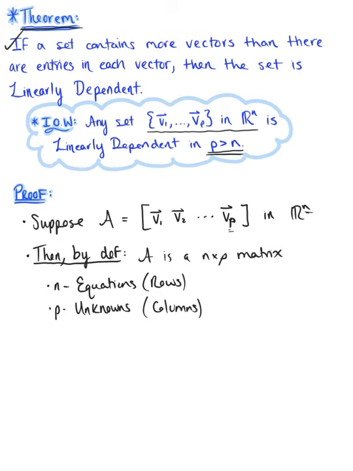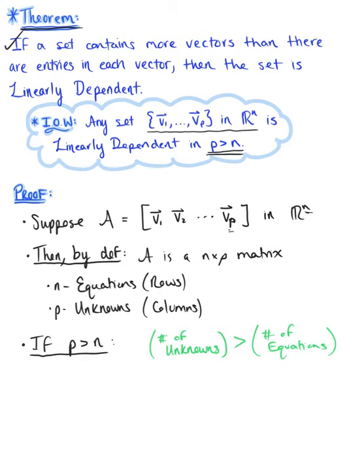So what I want to do now is assume that the number of unknowns is greater than the number of equations. So if p is greater than n, what do we know is going to happen in this case?